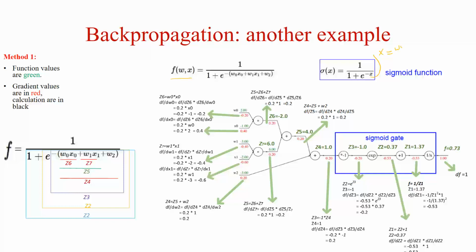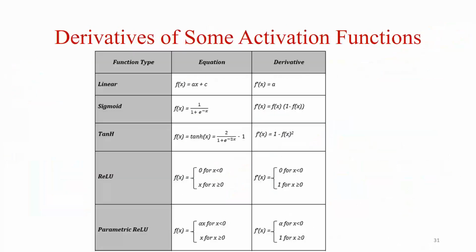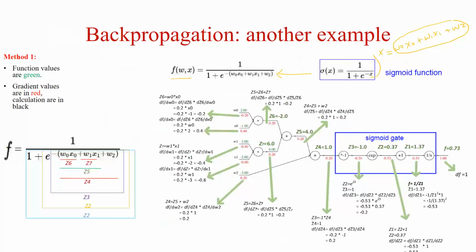So it's w0 x0 plus w1 x1 plus w2. So you can see it's an expression of multiple variables instead of x. When we do that, we get this equation.